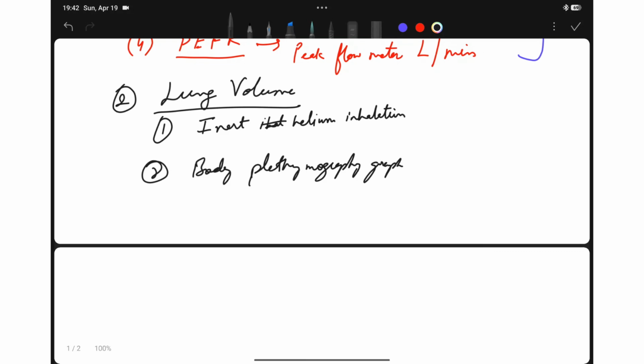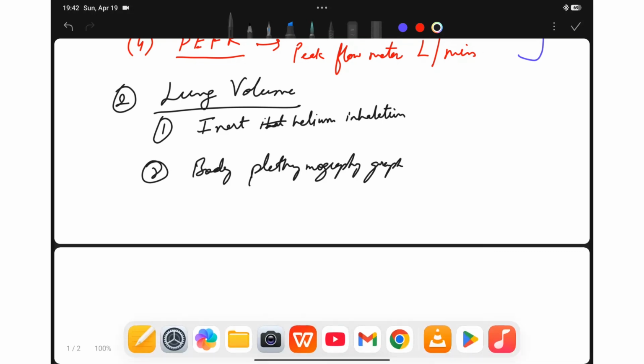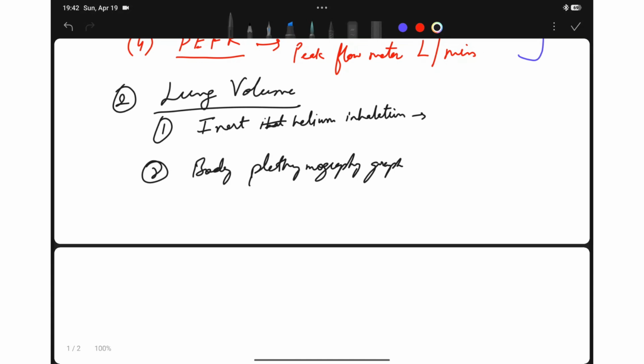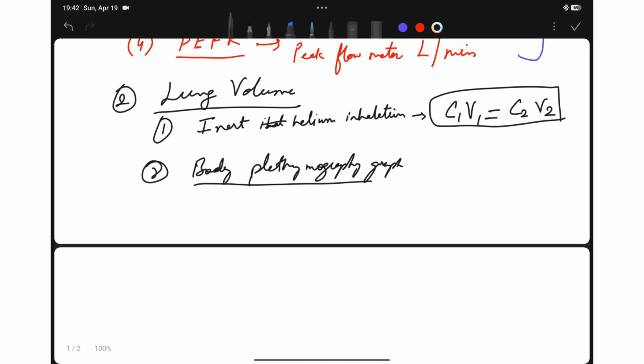The inert helium method uses helium gas, which is inert and not absorbed, and the patient breathes into the helium. We measure the initial concentration and the final concentration to get to know about all the values. In body plethysmography, the patient is kept in an airtight chamber.